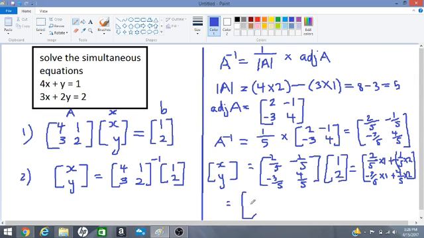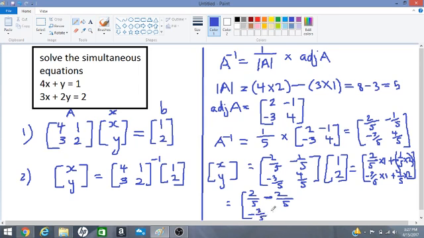2/5 times 1 is 2/5. We have 2 over 5 here. Negative 1/5 times 2 is negative 2/5. Remember, plus minus is a minus. Negative 3/5 times 1 is negative 3/5.